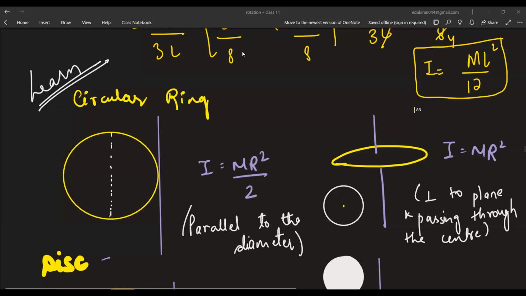Sabiha, when the axis is parallel to the diameter for a disk, what is the moment of inertia?